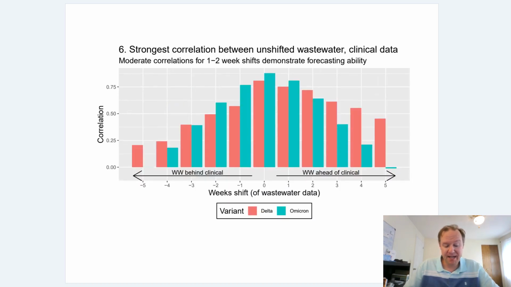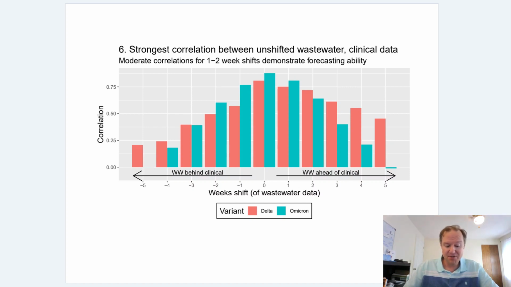A hoped-for application of wastewater-based surveillance is the prediction of future trends in disease transmission for public health preparedness. This application requires correlation of past wastewater data and present clinical data. In other words, correlation where the wastewater data is shifted back.